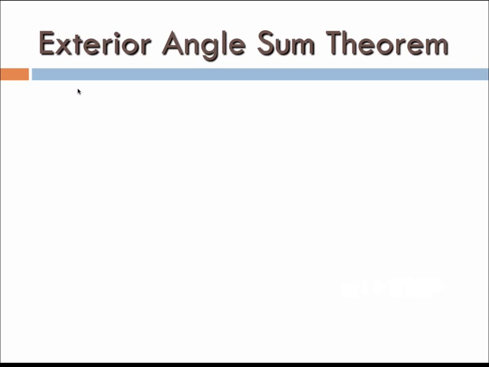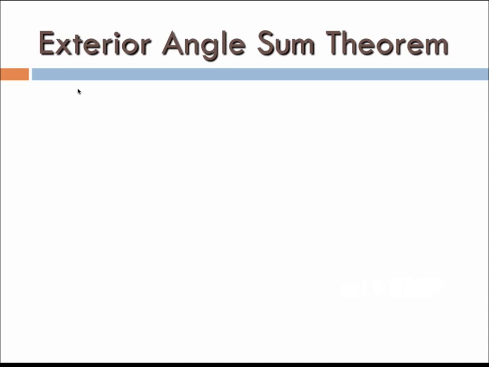A little more than that. Not necessarily. What's the definition of an exterior angle? It equals the angle... Now you're telling me what it equals. I want to know what it is.